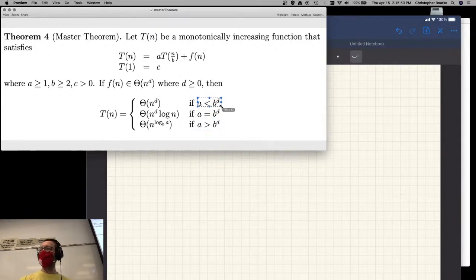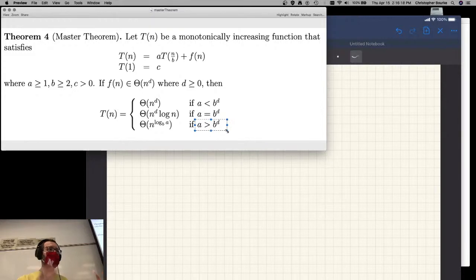Case 1 captures the idea that you are doing fewer recursive calls, a, than you are doing non-recursive work. The second condition says that you are doing just as much recursive work as non-recursive work. And the last one says that you're doing more work in the recursion than non-recursive work.